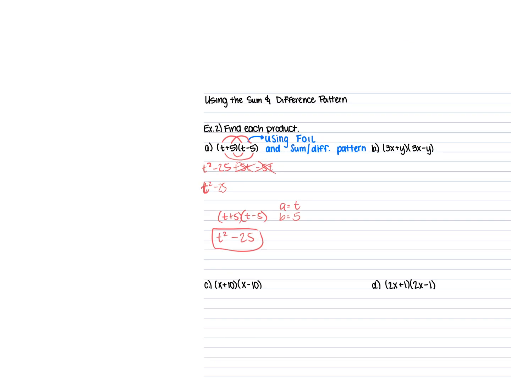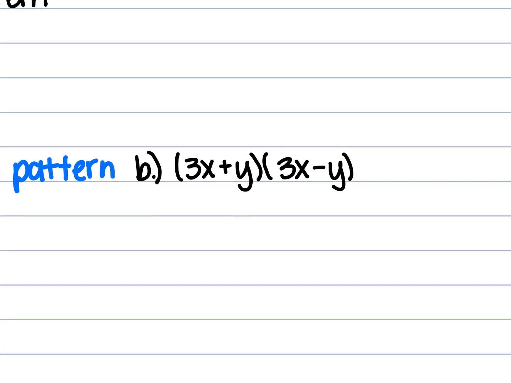All right, letter B. I'm only going to use the shortcut. Is this a sum and difference problem? Yes, because everything matches except for what? The plus sign and the minus sign. You have one of each. So I'm going to say my A value is what? 3x.